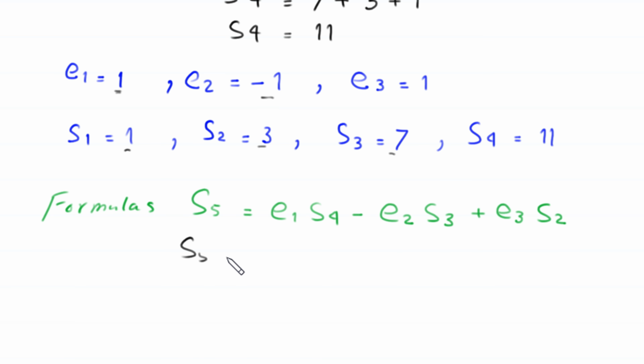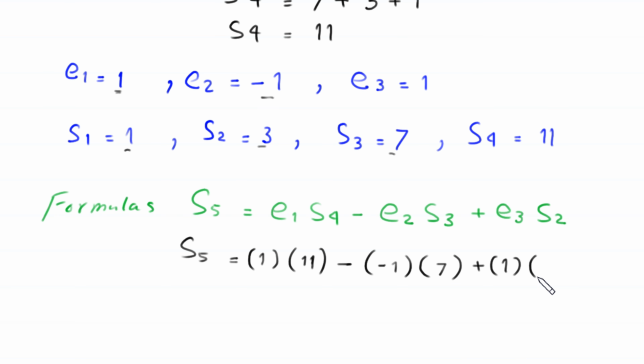So S5 will be equal to E1, which is 1, times S4, which is 11, minus E2, which is negative 1, times S3, which is 7, plus E3, which is 1, times S2, which is 3.